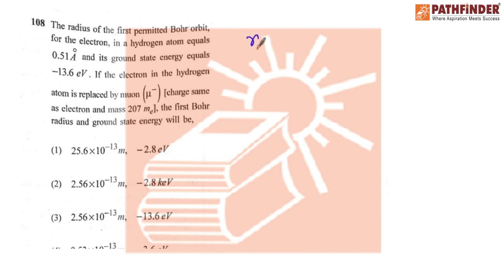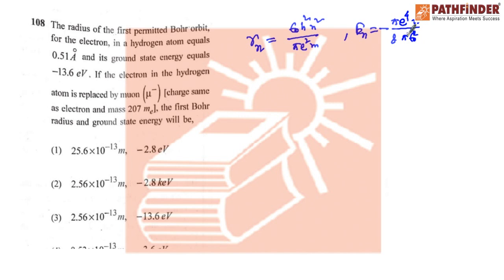Now we know that nth orbit radius is given by epsilon naught h square n square by pi m e square, and energy in nth orbit, this is the thing you require here. It's a lot to remember, but there is no other option in this question. M e to the fourth divided by 8 epsilon naught square h square.